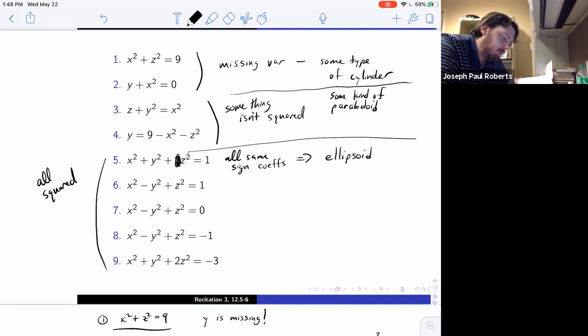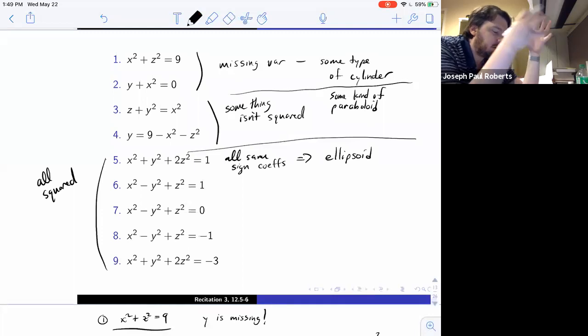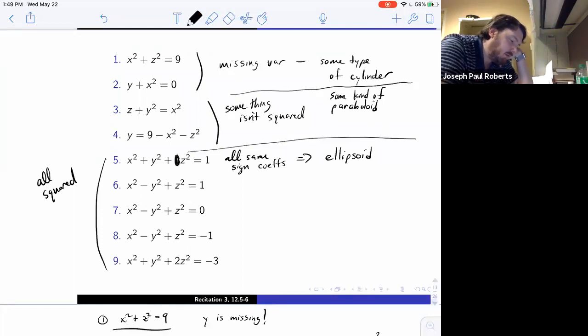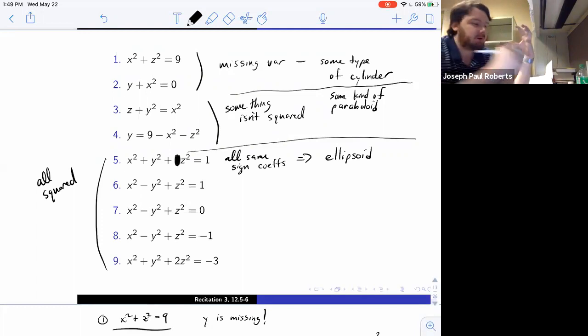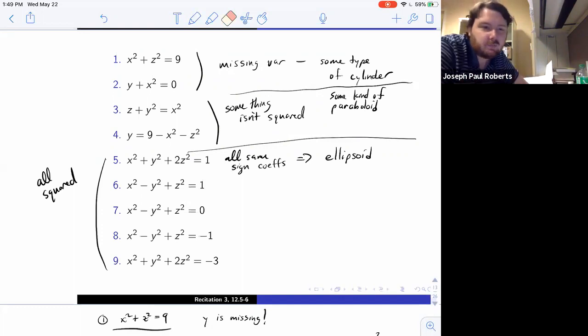Think about an ellipsoid as just a fancy way of saying a stretched or squished or compressed sphere. And so transformations work the same way in R3 as they do in R2. So if you replace z by square root of 2 times z, you're basically going to be compressing your unit sphere. That's why I crossed this 2 out at first. Without that 2, it's just the unit sphere. But putting that 2 in basically is going to squish your z down by a little bit.